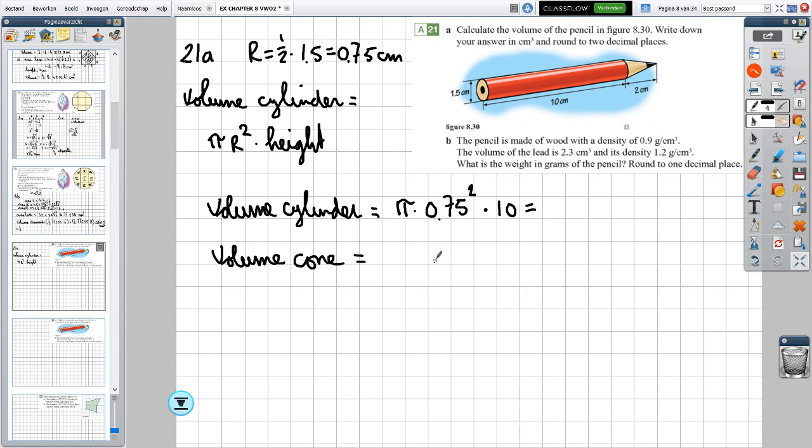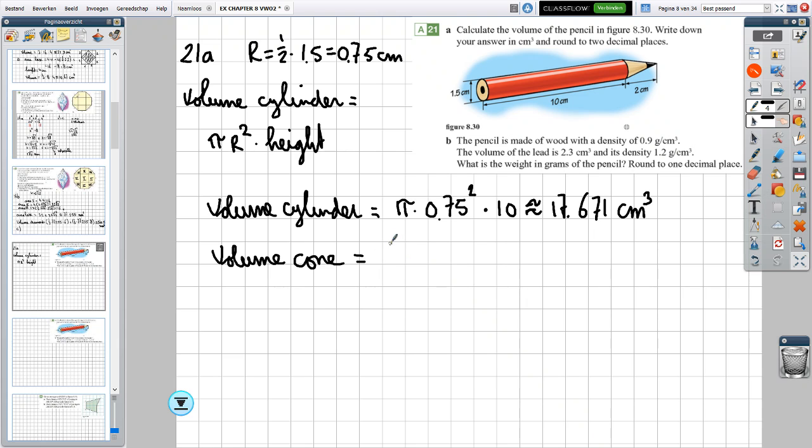And if I'm going to calculate that, let's take a look. Pi times 0.75 squared times 10 gives me approximately 17.671 cubic centimeters.